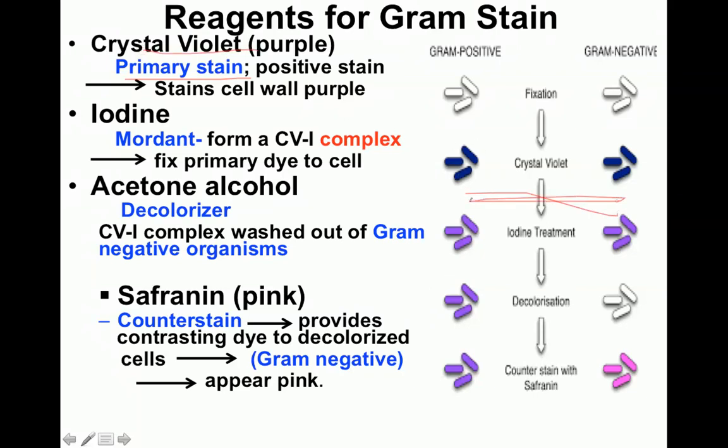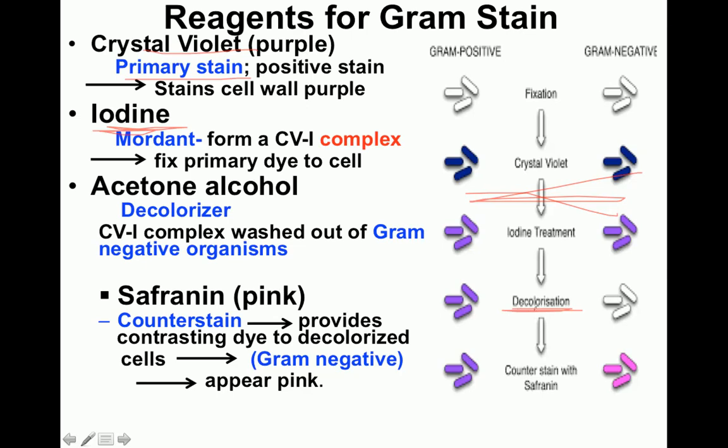And then we are using iodine, which acts as a mordant, and it is going to form a crystal violet and iodine complex, which gets fixed to the peptidoglycan layer. So iodine fixes the crystal violet iodine complex to the cell wall. And then we use decolorizing agents, acid alcohol.